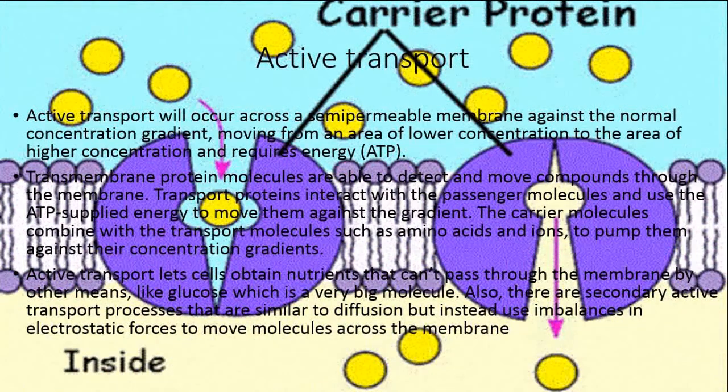Also, there are secondary active transport processes that are similar to diffusion but instead use imbalances in electrostatic forces to move molecules across the membrane. So active transport is especially for molecules that cannot go through the cell membrane because of a charge or the size of the molecule.